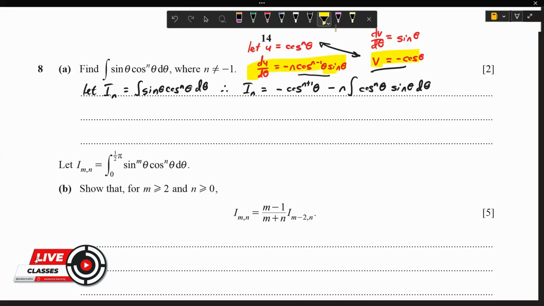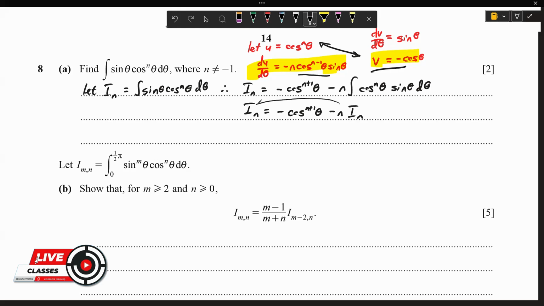I think you can also see here that this thing is the same as I sub n. So we have I sub n being equal to minus cos to the n plus 1 of theta minus n I sub n.